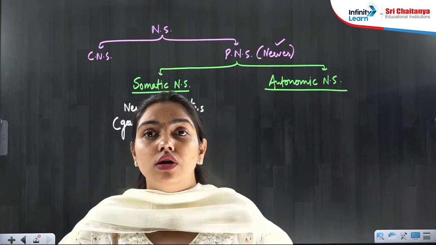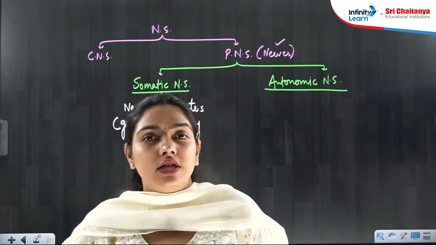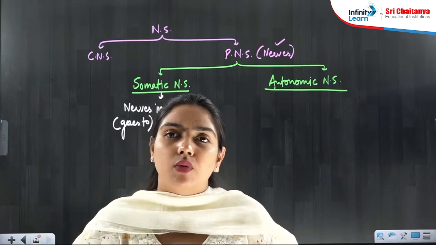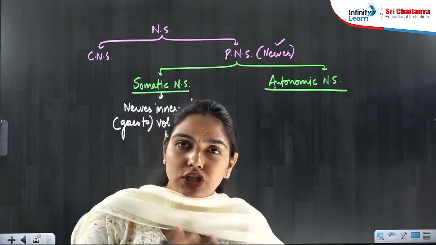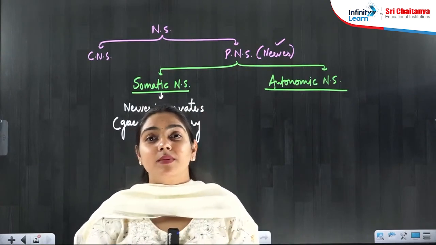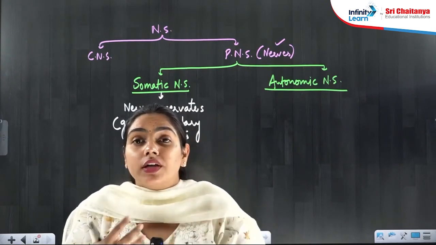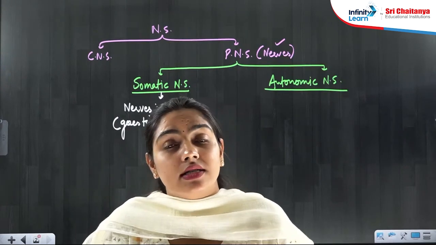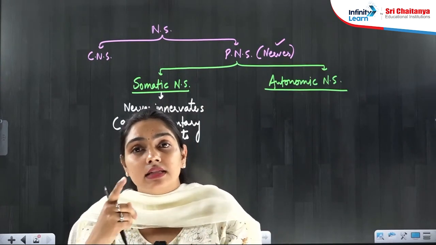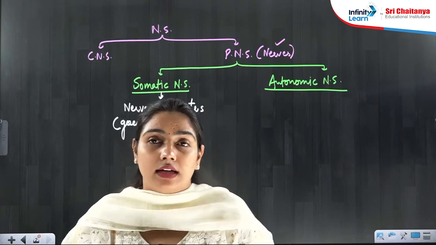You cannot control your stomach. You cannot tell your stomach, okay, you digest protein first, then carbohydrate. It depends upon the internal physiology, how it works. And your liver, you cannot tell it, make more bile juice, I am getting less. No, you cannot tell your liver that.